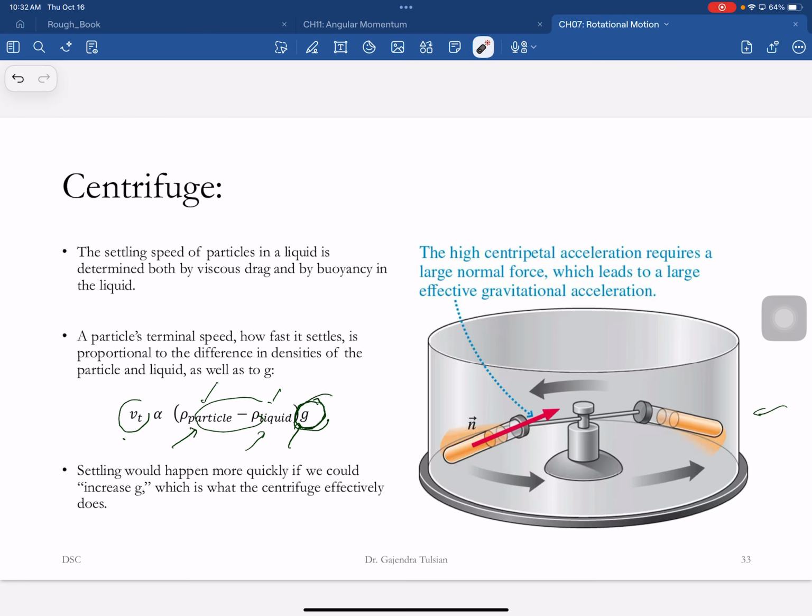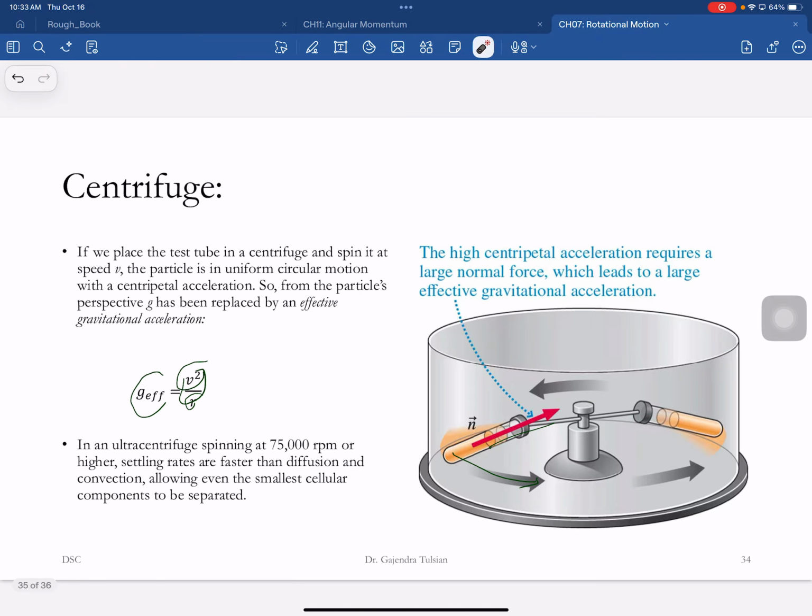A particle's terminal speed, how fast it settles, is proportional to the difference in density as well as g. So with a centrifuge, you're increasing g effectively. Again, the effective g is speed squared divided by r. That is the centripetal acceleration.